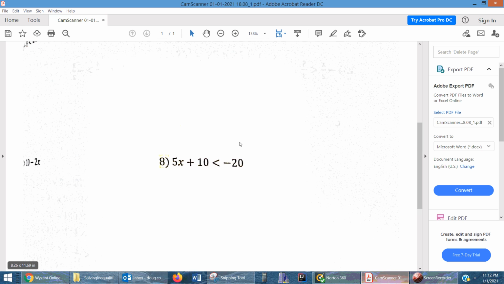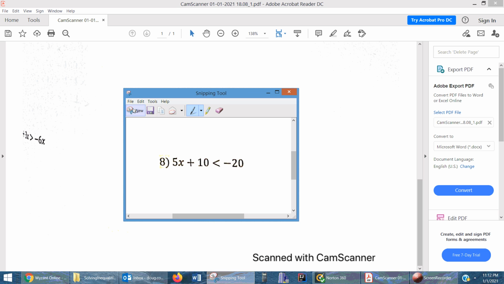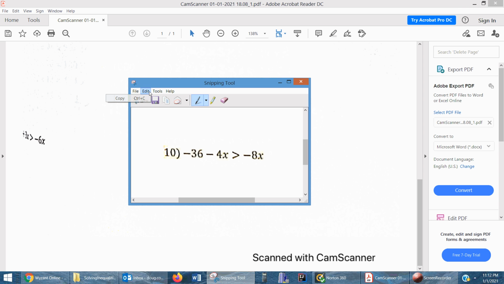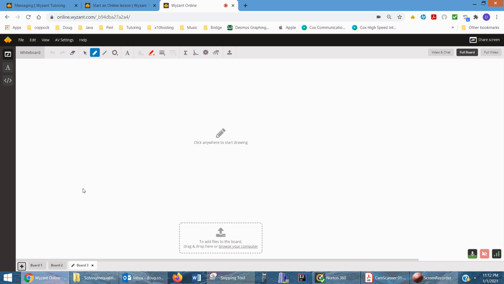Okay, let's see if there's one more here. Let's try this one where we have two terms that contain the letter x. Edit, copy, go to board 3.